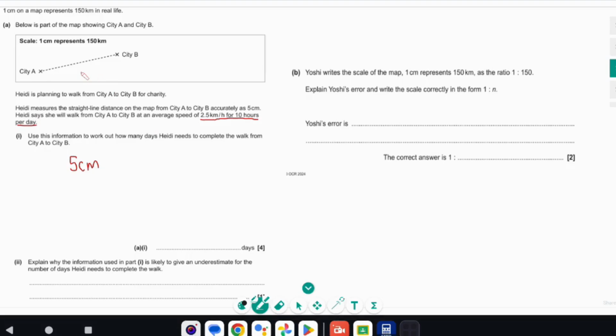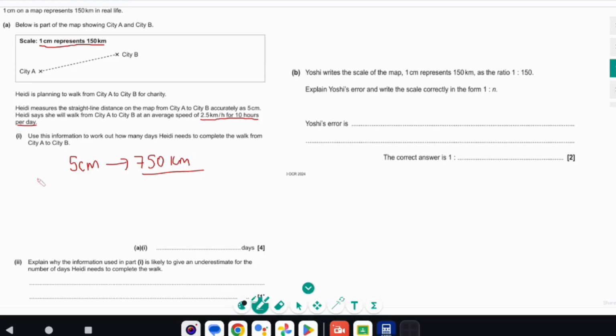Okay, so if 1 centimetre represents 150 kilometres, 5 centimetres represents 5 times 150, because every single one of those centimetres is 150 kilometres. So she's going to be walking 750 kilometres from City A to City B. She's walking at 2.5 kilometres per hour for 10 hours.